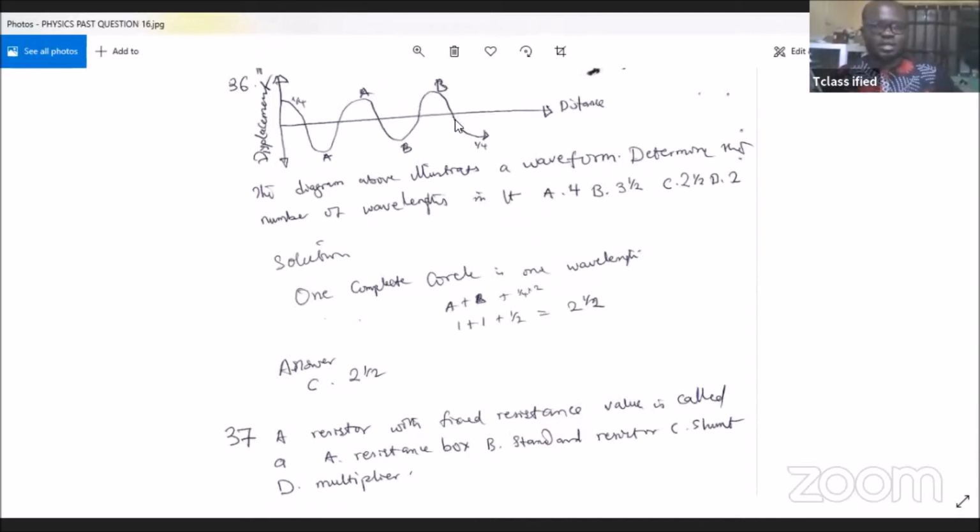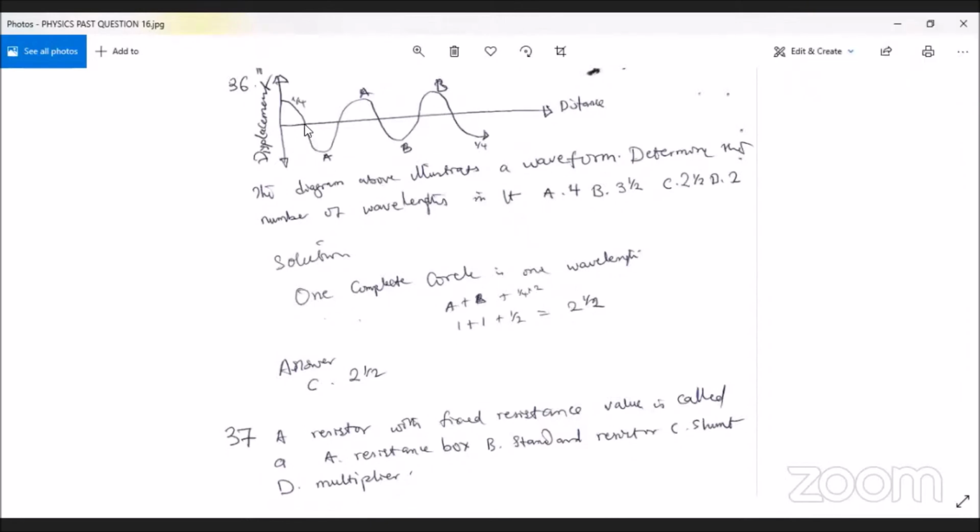Then this one is not even up to half a cycle. But if you combine it with what is here, this 1/4 plus this 1/4 will give you half. So you actually have 1 plus 1 plus half. So it will give you 2.5.